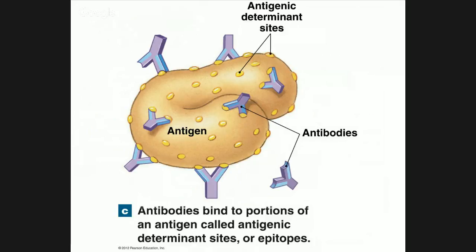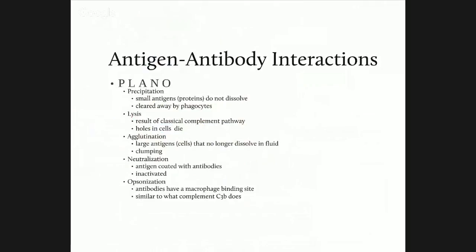Even if this Y here at the bottom is blocking those two, the exposed ones aren't necessarily going to be able to cause infection either because the thickness or the height of the antibody interferes with the ability of the virus to actually get up next to the target cell. So it neutralizes the virus because it can't actually cause infection anymore. You can neutralize other types of things, bacteria that have cilia or flagella for movement. If the antibody binds to that structure, then the cell can't move, and that can neutralize them too.